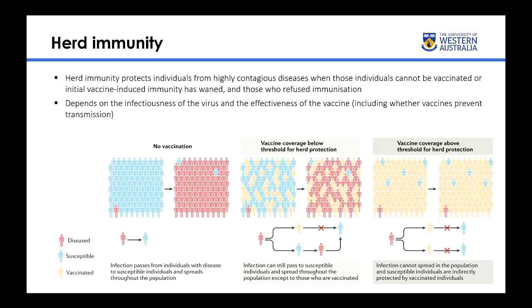When the vaccination coverage is achieved, that individual is protected, because it's sort of a ring, a term they use in epidemiology as well, a ring of protection that is caused by that high vaccination coverage.